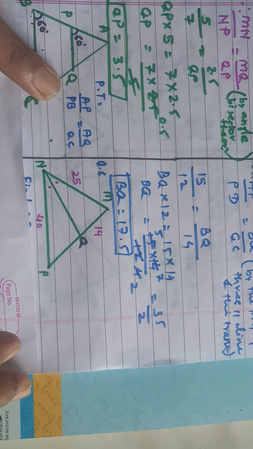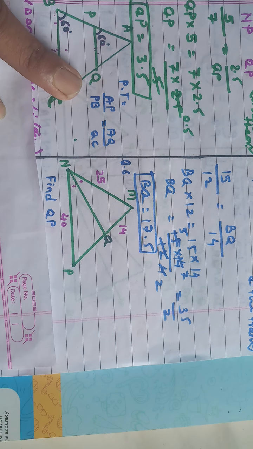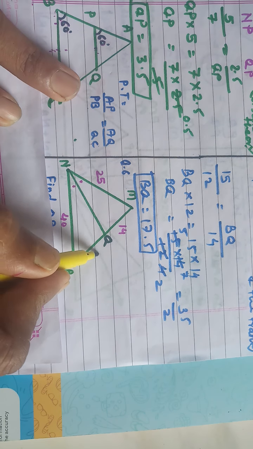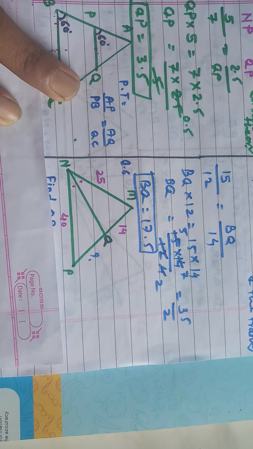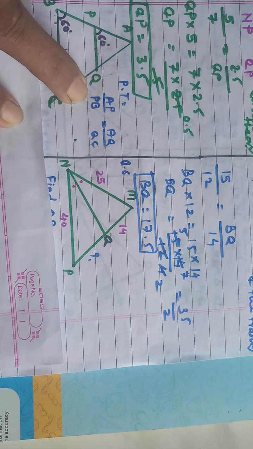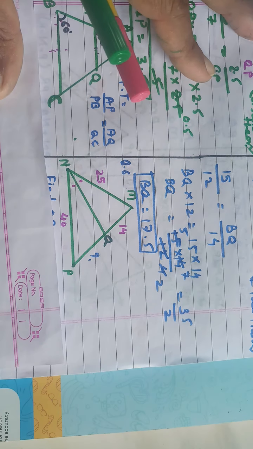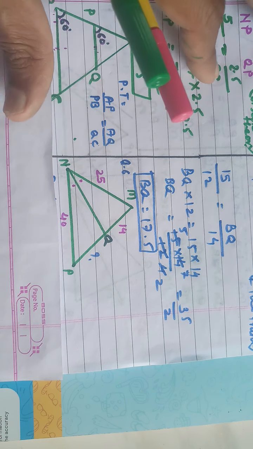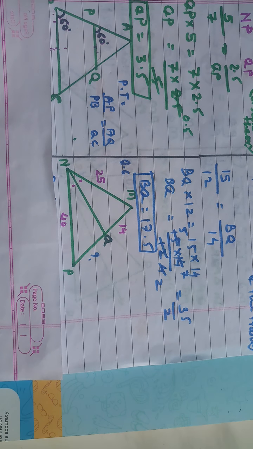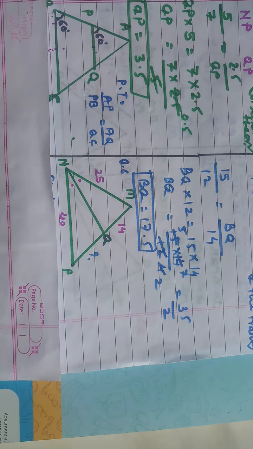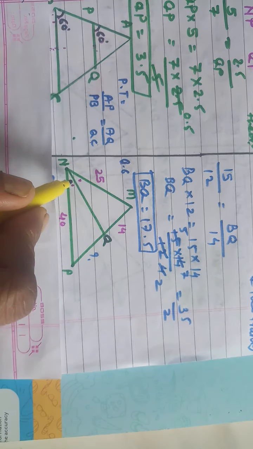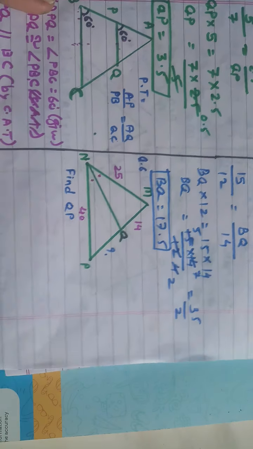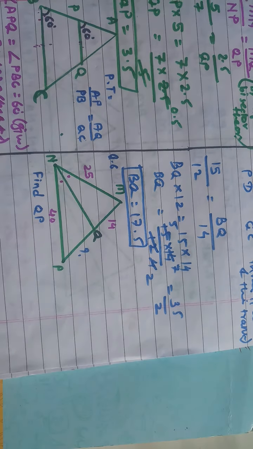Now next is question number 6. Find QP. This is what we have to find using the information in the figure. Now see the diagram and identify which property we should use. We should use the angle bisector theorem because the angle bisector is given. Now use the angle bisector theorem.